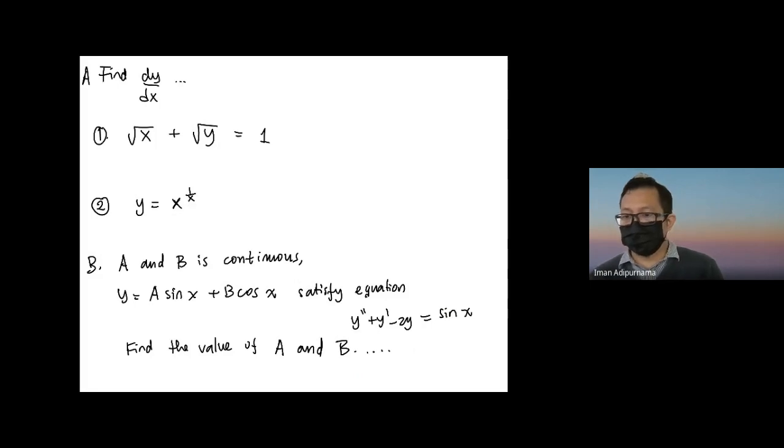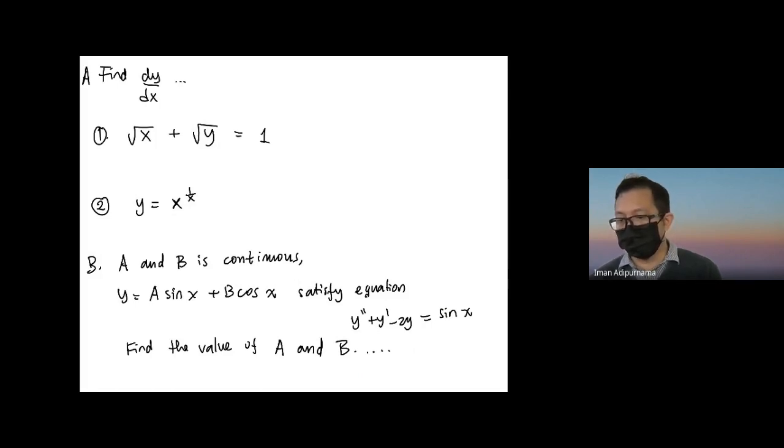The first part A, find dy dx. First one is square root of x plus square root of y equal 1. Second one is y equal x with the power of 1 over x.